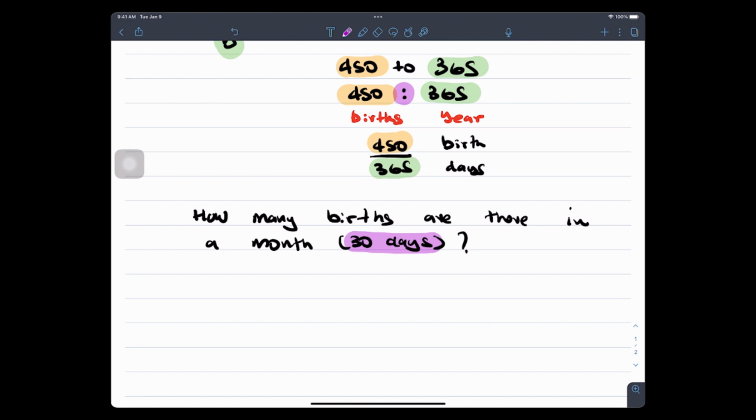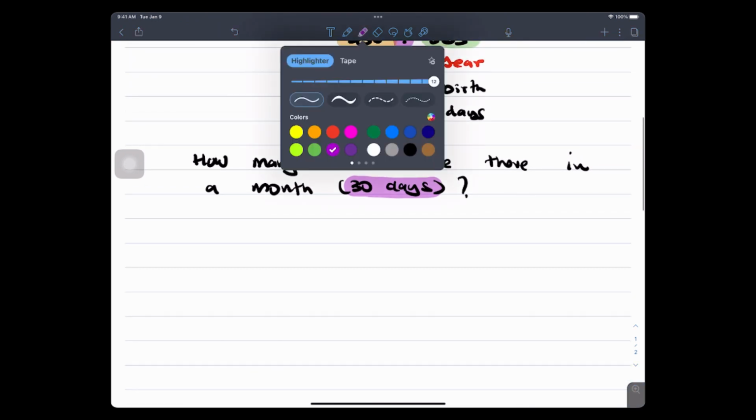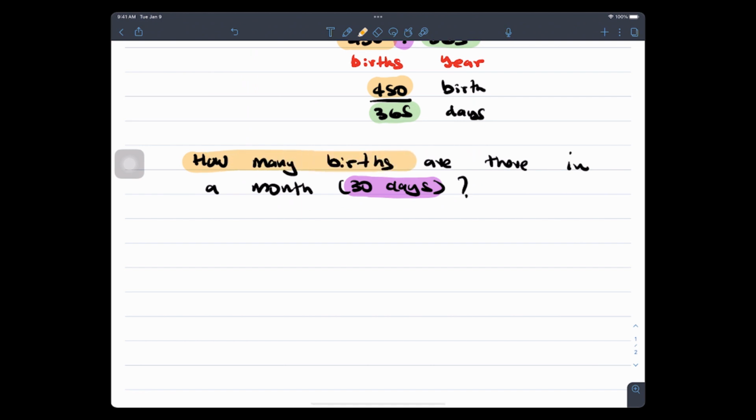In that worksheet, when they say to you, how many births, do you know how many births? That's the question. You're going to call that X. It's like algebra. You go, oh, no. Algebra. How many births are there in 30 days?